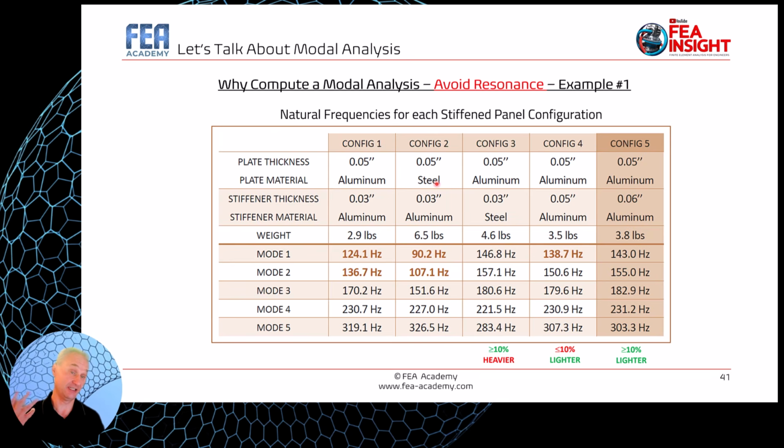Since the plate material is steel, it is stiffer, but also heavier. So in K over M, M increases because I increase the density by switching to steel. So I increase the mass, and I decrease the first natural frequency. Even if I increase the stiffness by going from aluminum to steel, the mass kills the system.